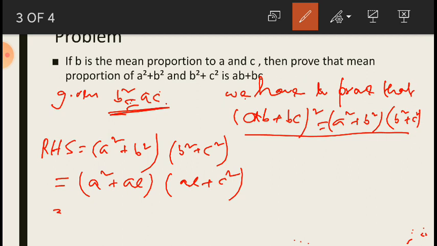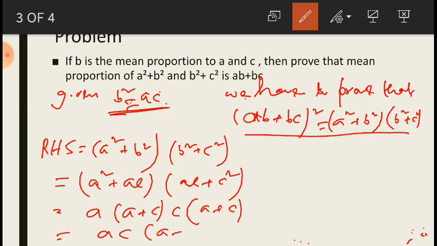Now taking common A from this, that means A plus C here, and taking common C from this, that means A plus C here. Now what we have is AC into A plus C whole square. Now you can write this in the place of AC.